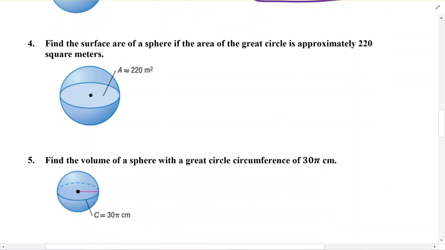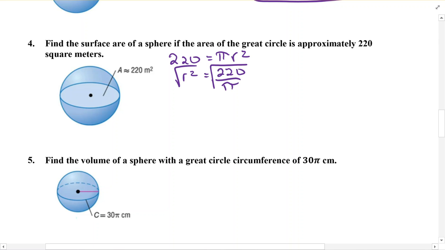On the next one, we want to find the surface area of a sphere. We're given that the area of the great circle is approximately 220 square meters. We know that the area formula is pi r squared, so 220 equals pi r squared. We have that r squared equals 220 divided by pi.